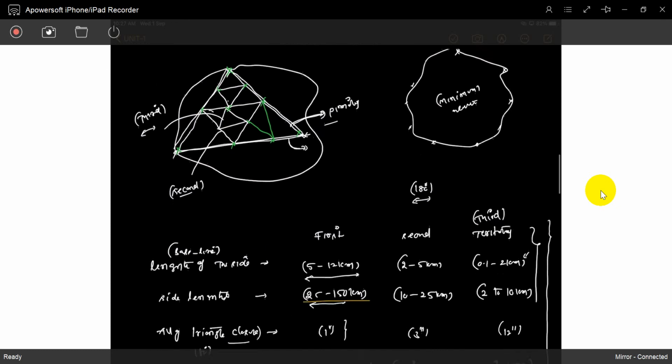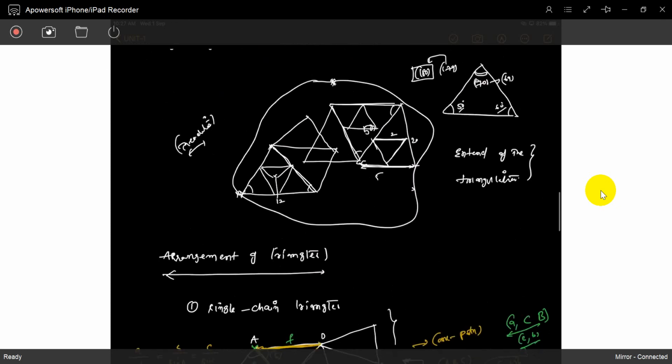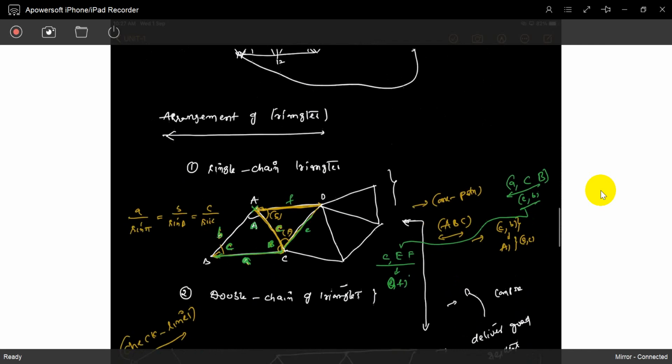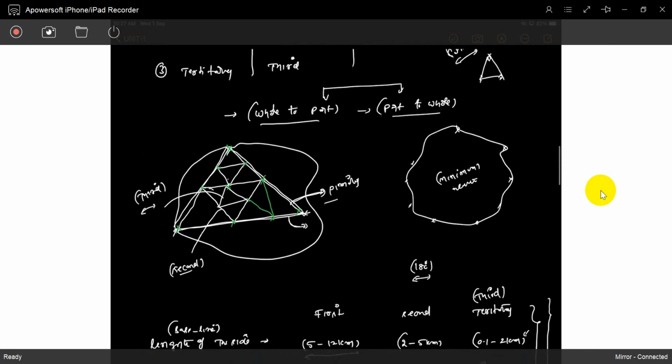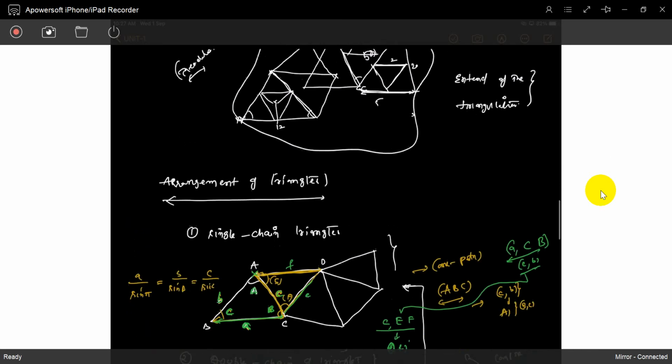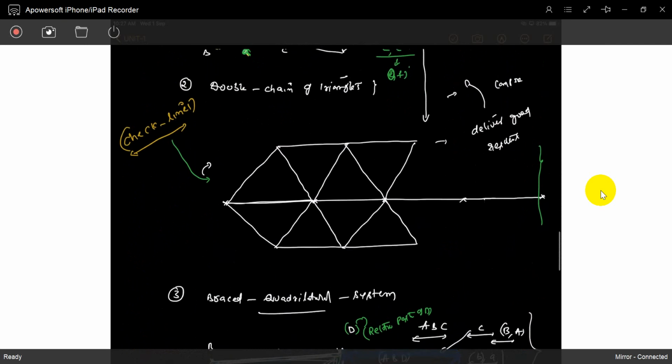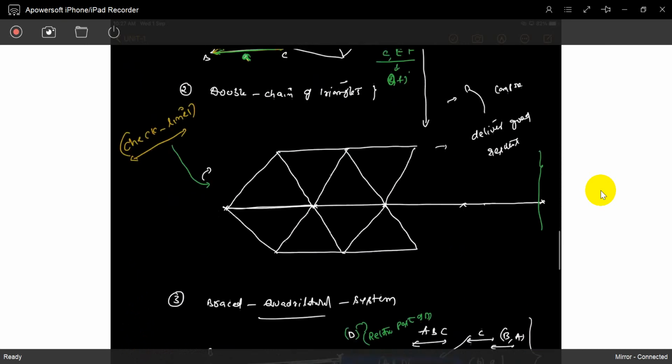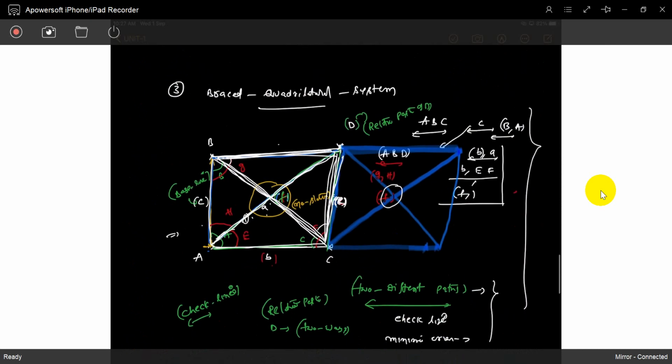We can take examples of the arrangement of triangles: single chain, double chain, braced quadrilateral, grid system, everything triangles, with control points. Based on that, you can find out the coordinates of the remaining in-between points.